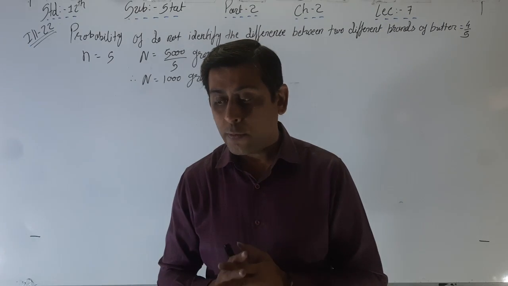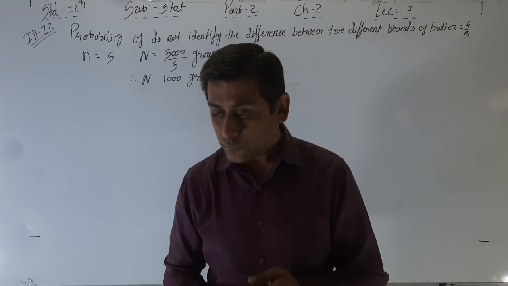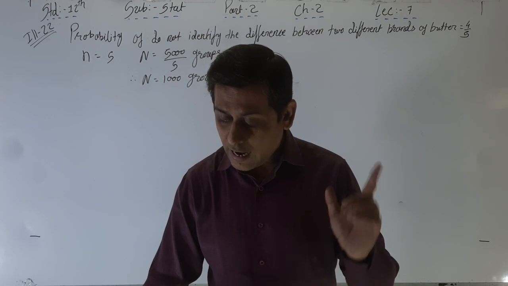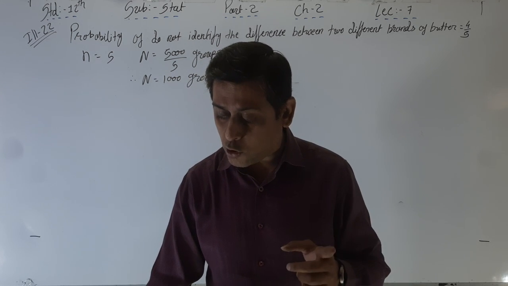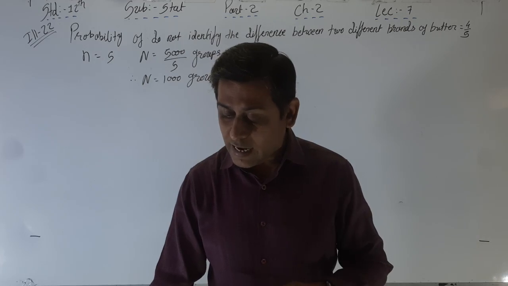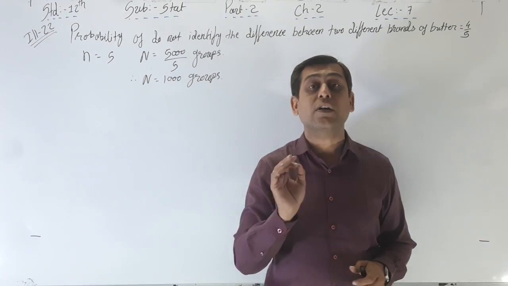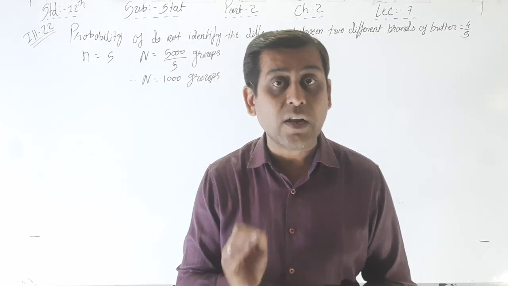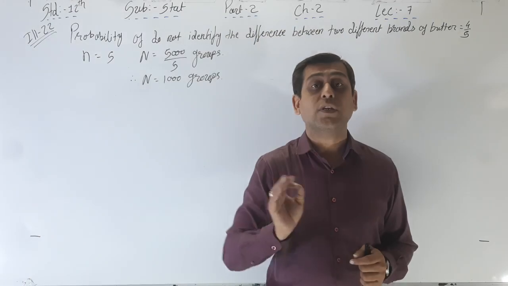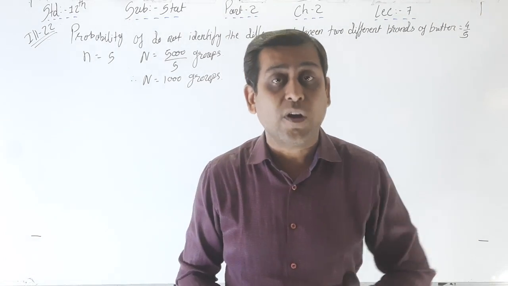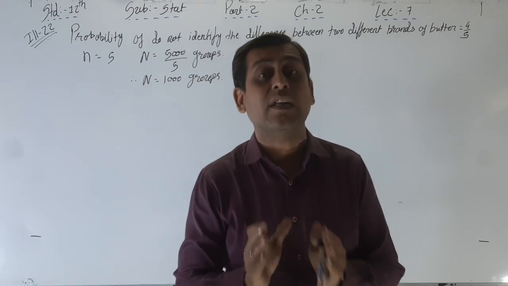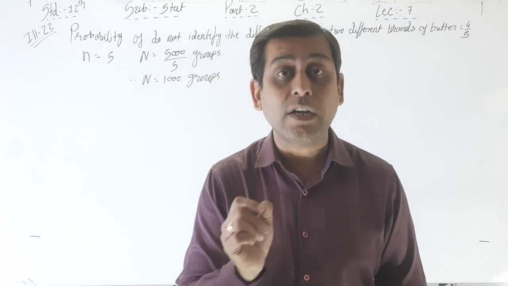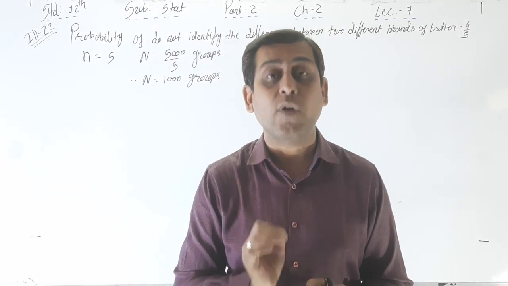And the remaining question, the second question: only 2 housewives can identify the difference. See the last line of the question, can identify the difference. That is, the probability of success is identify the difference, and the probability given is do not identify the difference. That means here again the probability of failure is given.